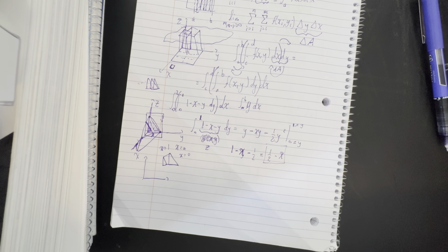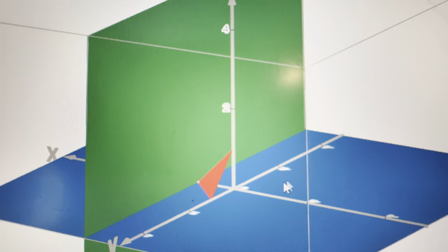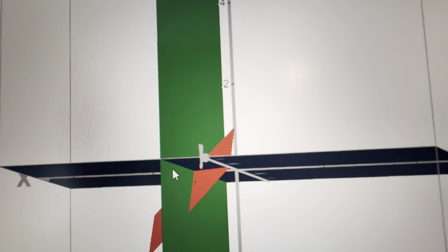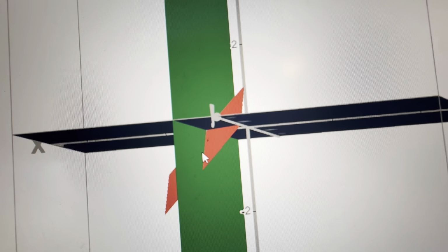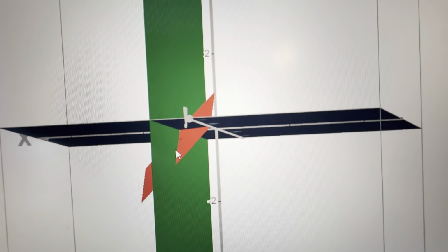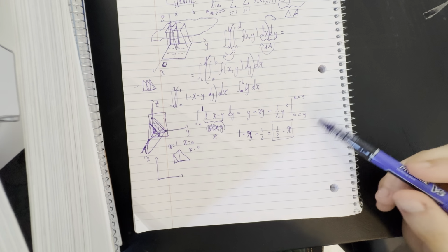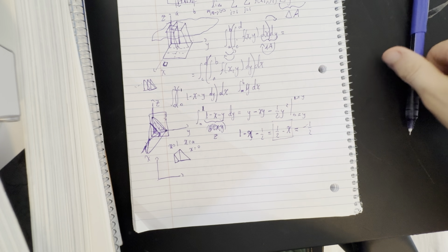At x equals 1, we're only going to have a negative triangle, if you notice that. Okay? And honestly, that does make quite some sense. At x equals 1, if we do half minus 1, we're going to get negative half, which is a negative value as we expect.